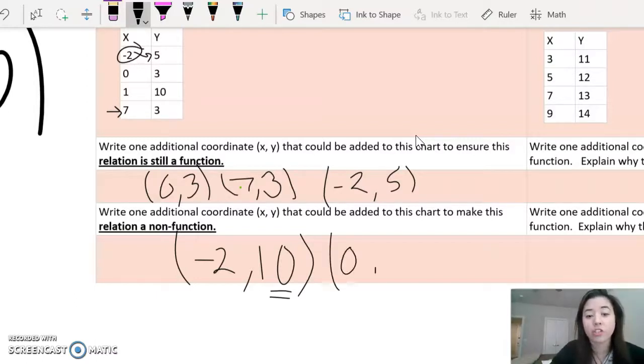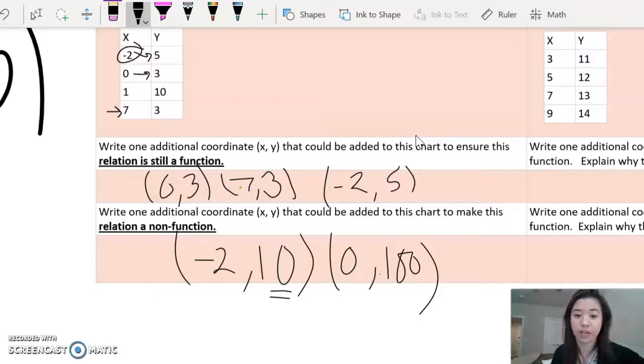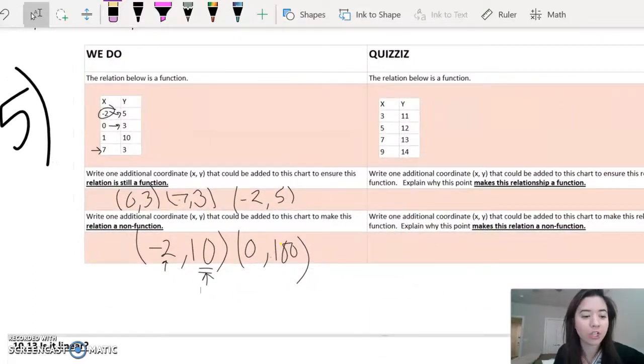Or you could change 0 and say 0 and 100. Originally 0 gave me out a 3, now 0 is giving me out something else. So to keep a function, repeat any of these. To make it not a function, you want to keep your x value the same, but change your y value. All right, try the one right next to it and then come back and check your answer.